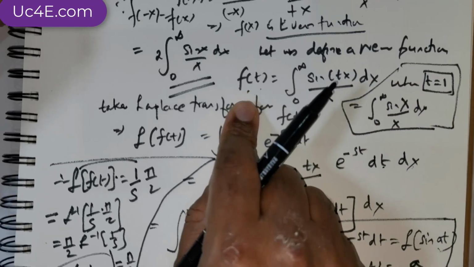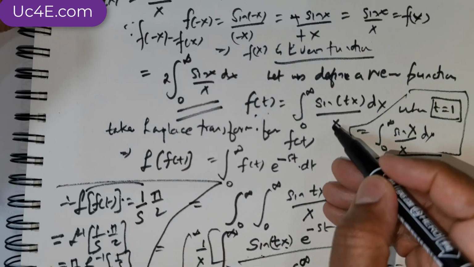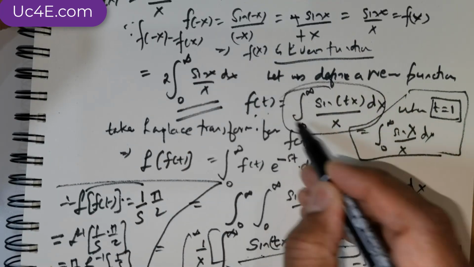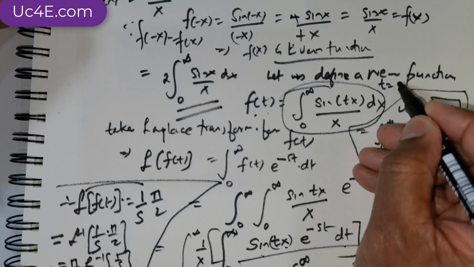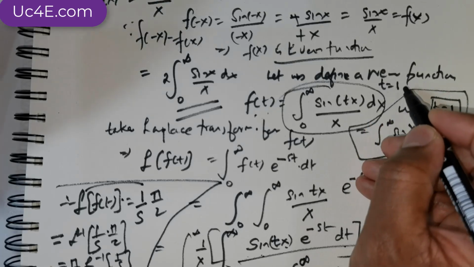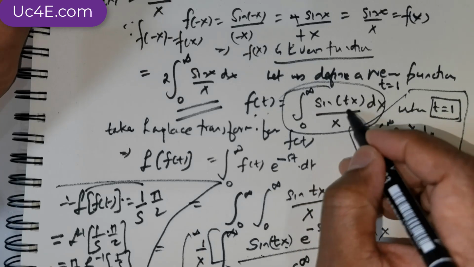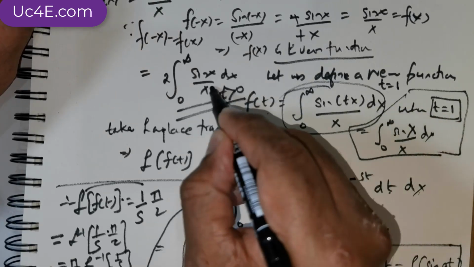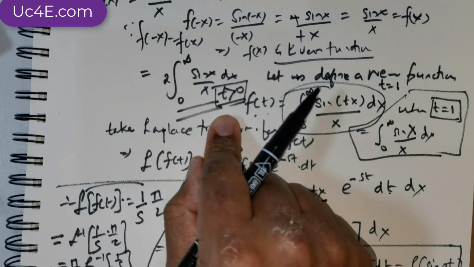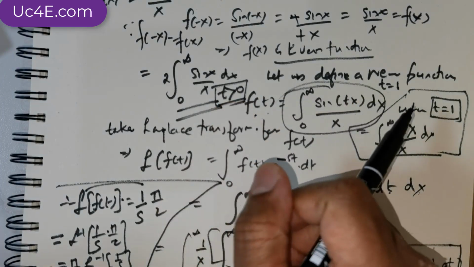Now remember, this is equal to pi over 2 for all values of t greater than 0. That is an important condition you will have to know: t is strictly greater than 0.